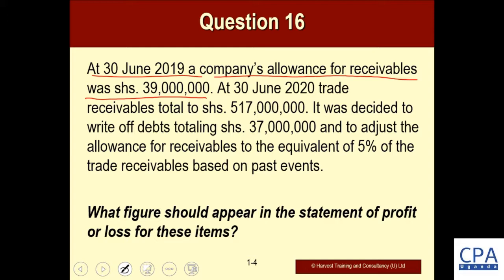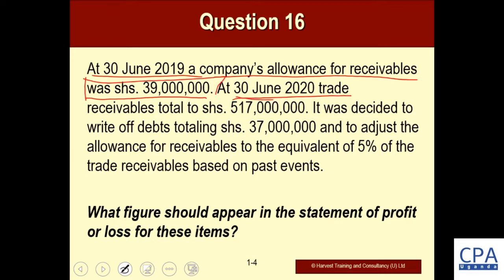If there is an increase, an expenditure of the increase is recognized in the statement of profit or loss. If there is a decrease, then an income is recognized in the statement of profit or loss. So the previous provision was 39 million.